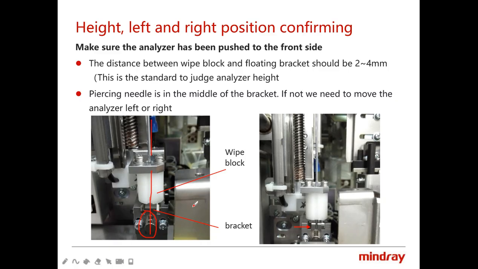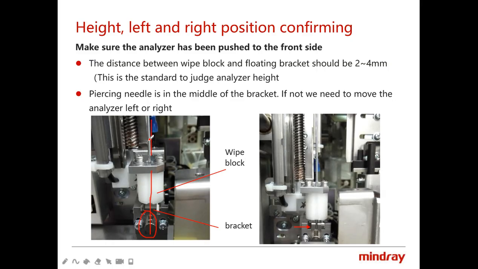If not, we need to adjust the position of the analyzer, because we don't have a screw that can adjust the left and right position of the probe. So we need to adjust the position of the analyzer.